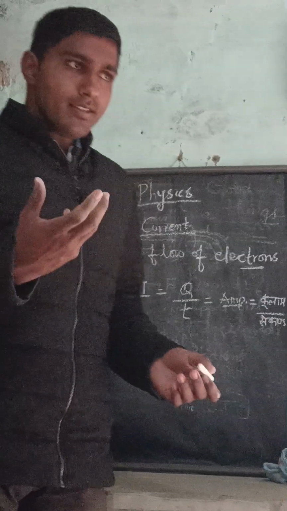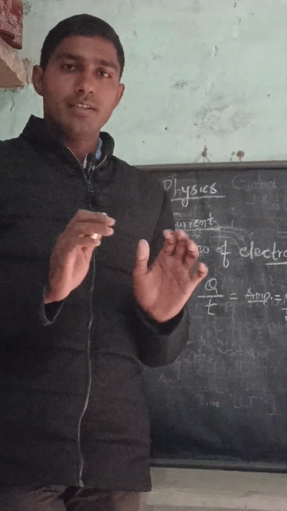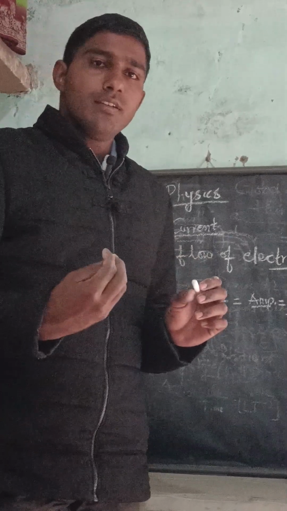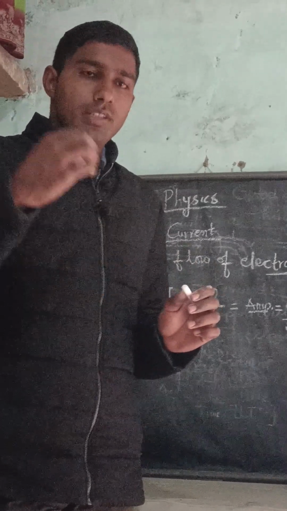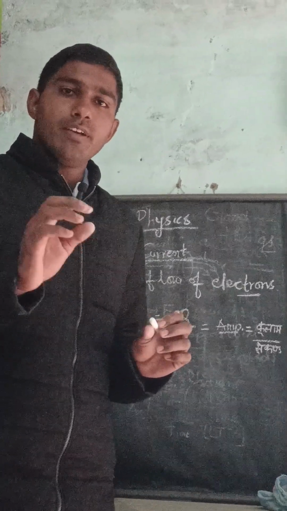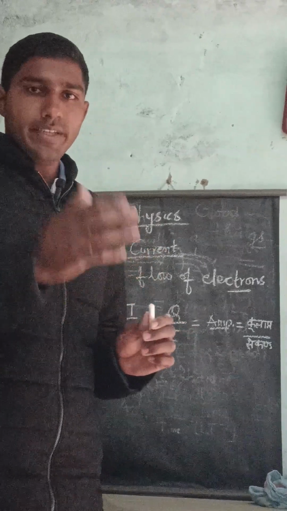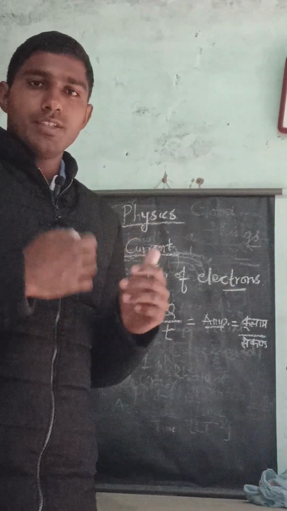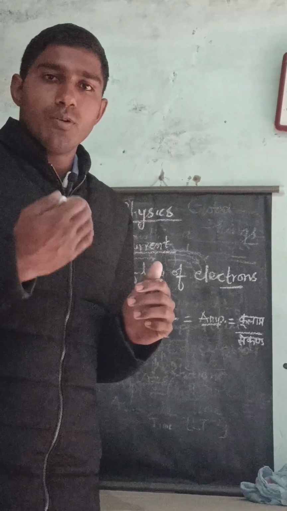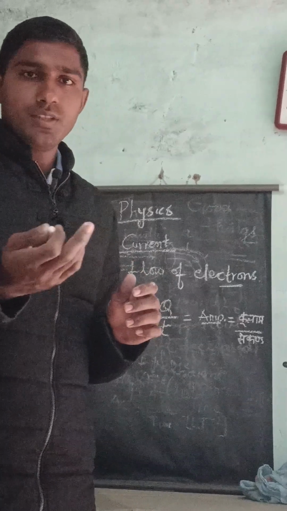In our general life, if you imagine the uses of current, you can say that if there is no current or no electricity, then development goes to zero. So in our life, electricity or current is the most important component. We are generally using it.